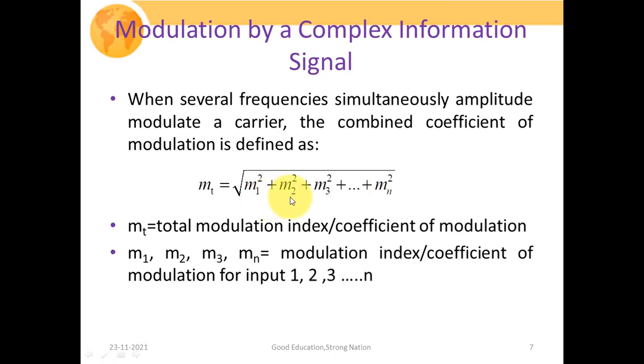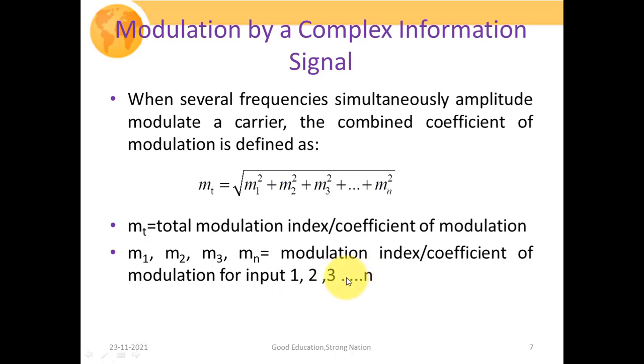Here m1, m2, m3 are the individual modulation indexes associated with your multiple frequency components. So this mT is your total modulation index or coefficient of modulation, and m1, m2 up to mn are the modulation index coefficients for the inputs 1, 2, 3 up to n. This is what we have tried to explain.